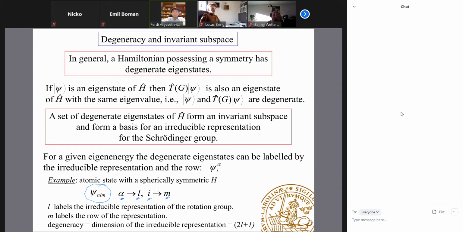And the degeneracy is equal to the dimension of the irreducible representation, that is 2L plus 1. So this is actually a general result: the degeneracy is equal to the dimension of the irreducible representation.